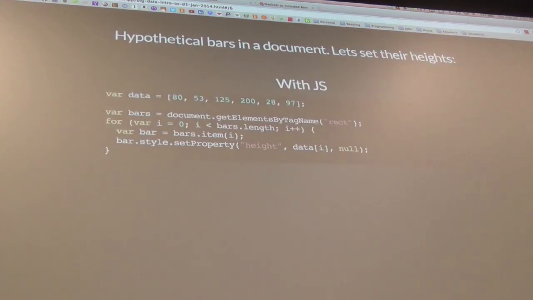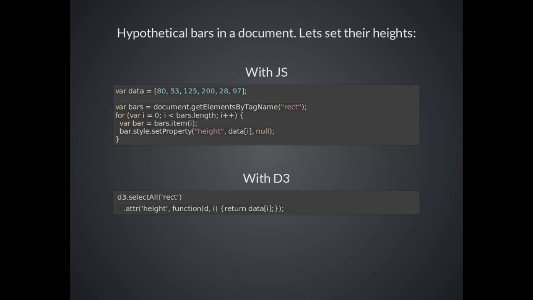So if we wanted to set heights of a bar chart, let's say we're making a bar chart, a data visualization, and we want to do it with just plain JavaScript. So here we see we have this array of data, and we create this local variable bars. And this is part of the DOM's access. We call document.getElementsByTagName, rect. That's the way that we select rectangles out of the DOM. And then we do this kind of iteration.